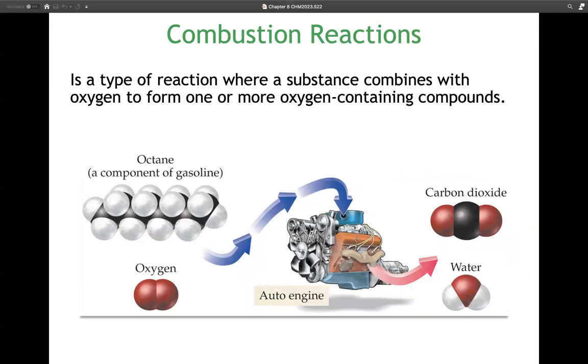Another example of combustion reaction is the combustion of octane, which is a component of gasoline. If it reacts with oxygen in the engine, carbon dioxide and water are released. Octane has the chemical formula C8H18.